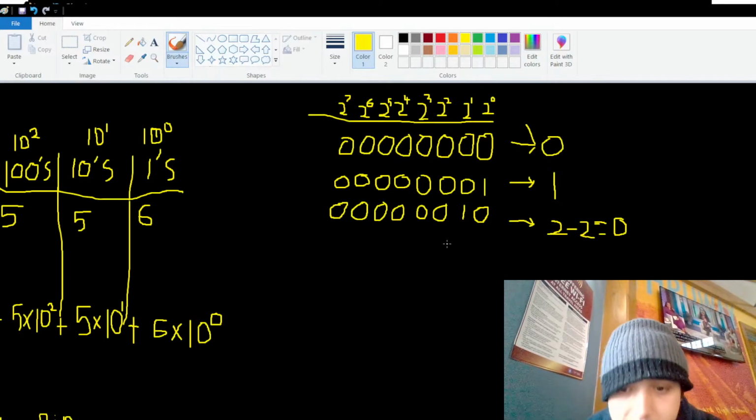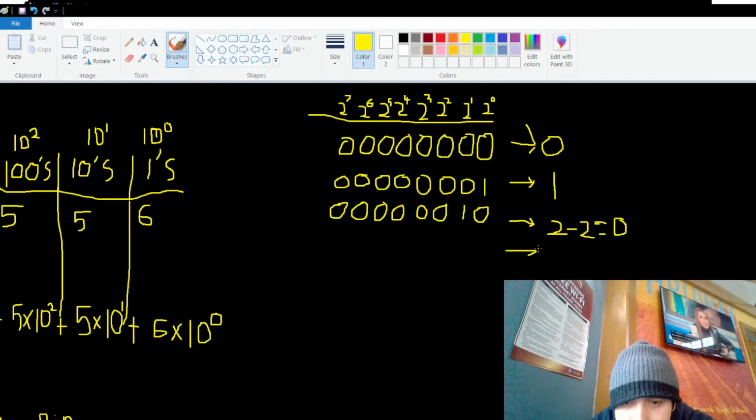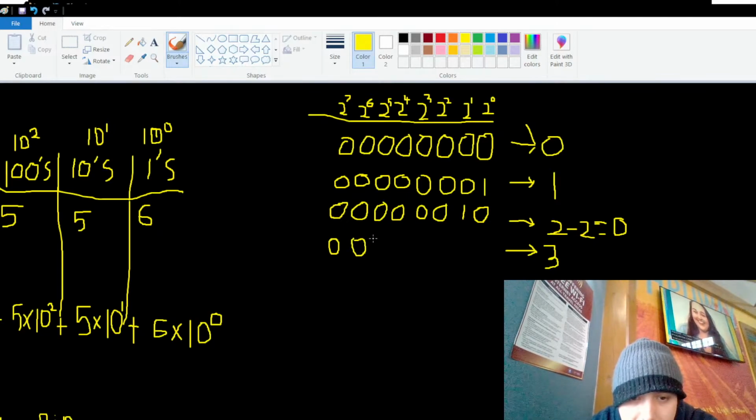That number's 2. Let's try 3. Does 128 go into 3? Probably not. Does 64 go into 3? Probably not. Does 2 to the 5th?